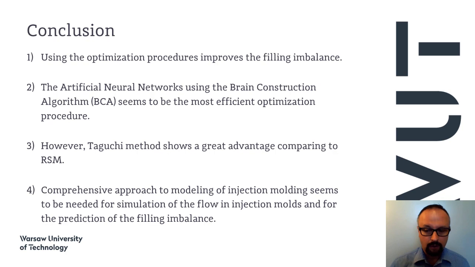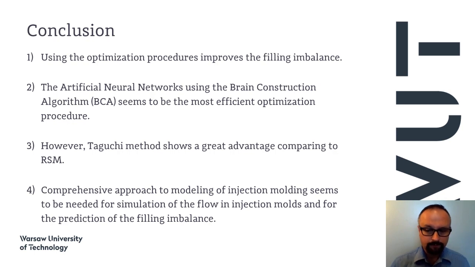However, the Taguchi method, which is, to be honest, the easiest way to perform, you just need to have Model 3D to do it, and it's the fastest one, is really good compared to other methods.